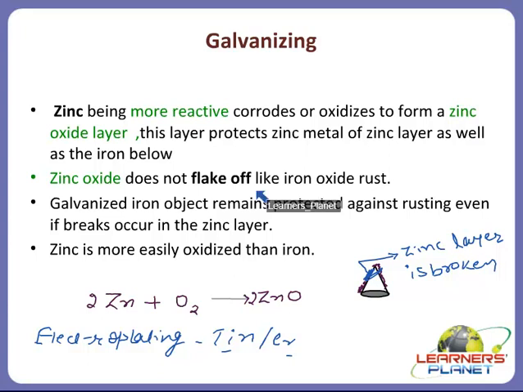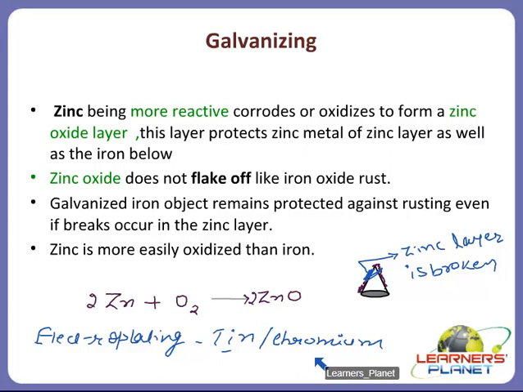You must have seen your bicycle, how it shines when it's new. Why? Because of the plating of chromium over it. And slowly, that layer gets oxidized and removed, or the shine goes away. Then it has a dull appearance.